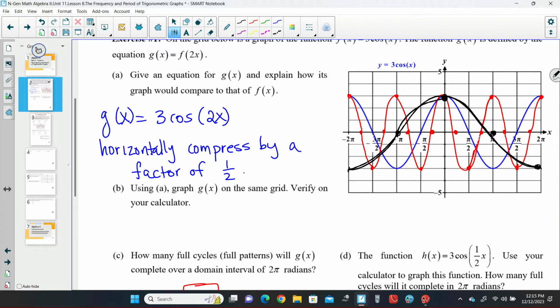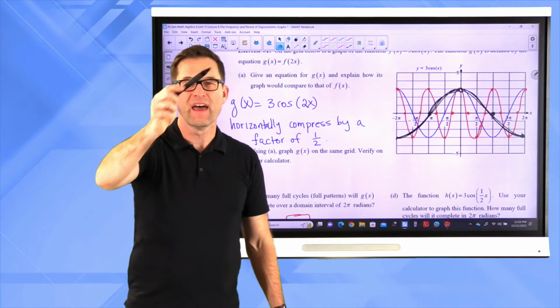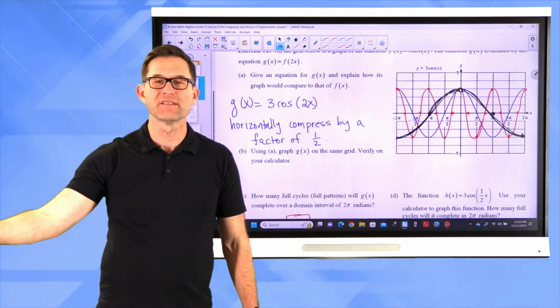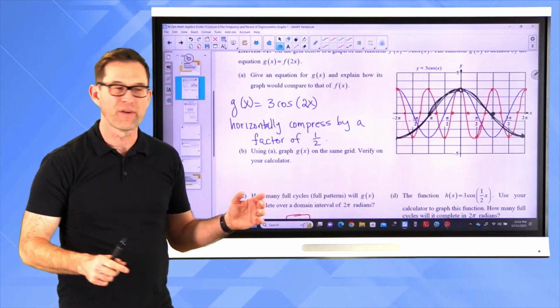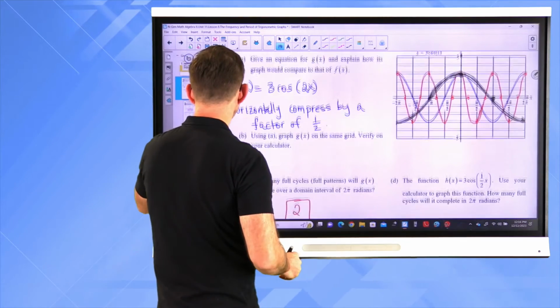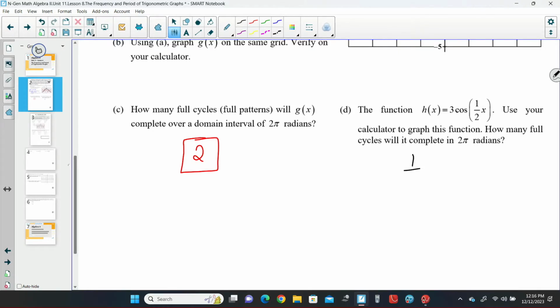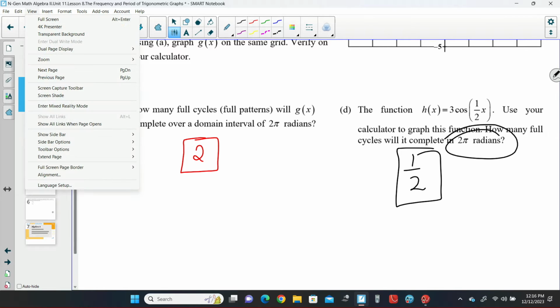Right, so it gets stretched away from the y-axis. It's almost like it's a slower curve. Now it takes twice as much in terms of x to get that full curve. And we only get 1/2 of a cycle within the 2 pi radians.